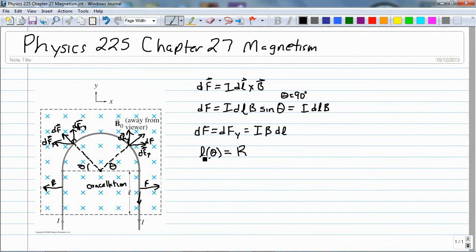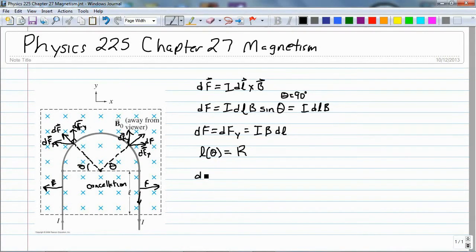And now we can do the differential length in terms of theta in d theta. Well, actually, we can use our definition that we had before from the previous slides.